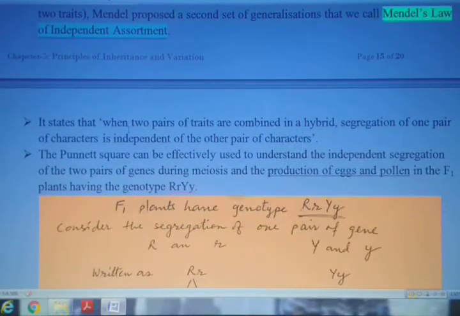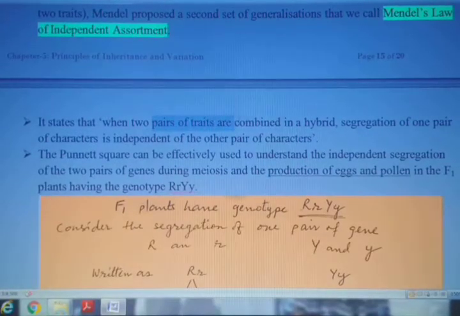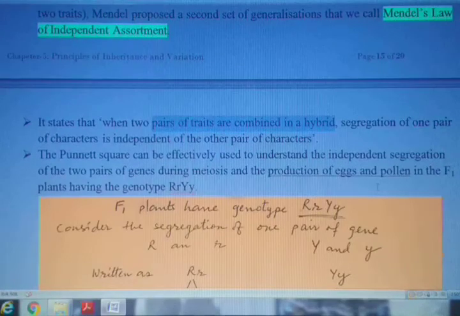That is, when two pairs of traits are considered here and they are studied together, that means they are combined in a hybrid, then what happens here? The one pair of character is not depending on the other pair of character. Neither it is depending nor it is getting affected by the second pair of character.